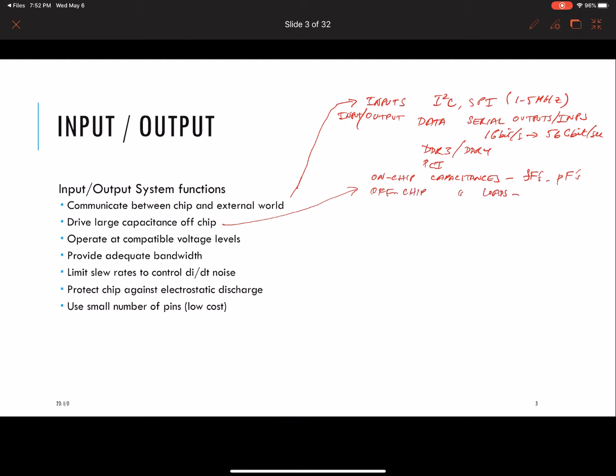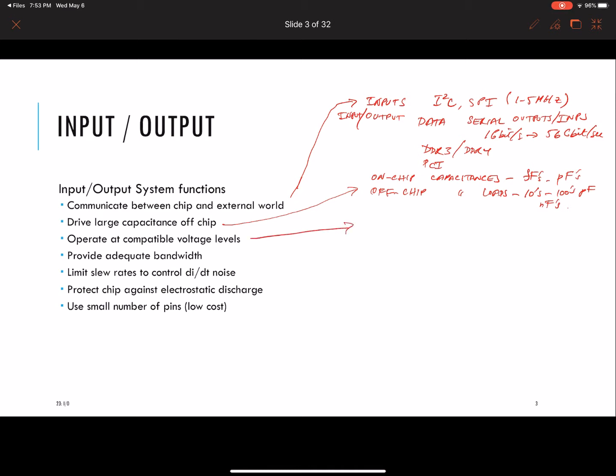Like when you're driving the pins of your package, you're driving the routes on your printed circuit board, you're driving the input of another part, you might be driving a coax cable. So anyway, the loads could be tens to hundreds of picofarads, maybe like nanofarads. So those are large, and you need something big to drive those. You're not going to be driving these kind of outputs with small buffers.